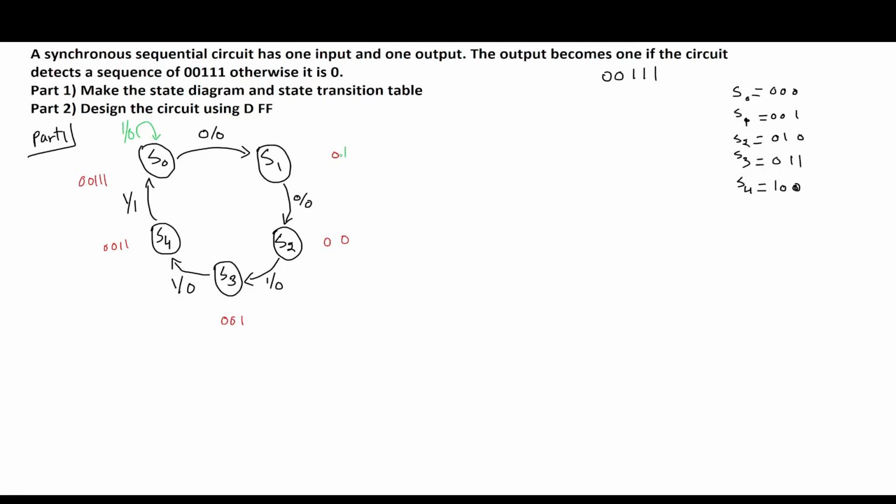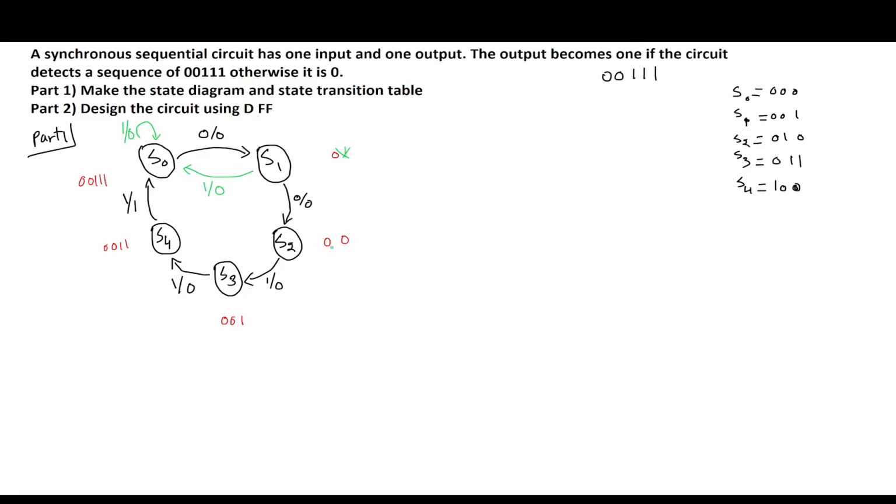The way we look at it, we have 0, 1. If we stay at S1, can we make the correction and continue the correct sequence? No, because we started 0, 1, and we need 0, 0, 1, 1, 1. So that means we need to discard everything and go back to S0. If we entered 1, the output will be 0.